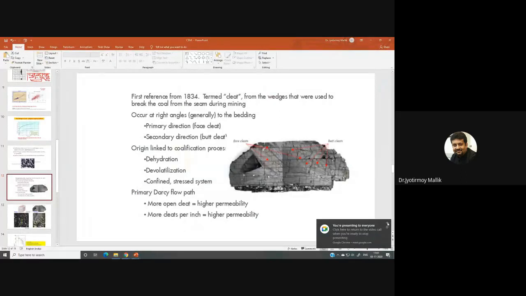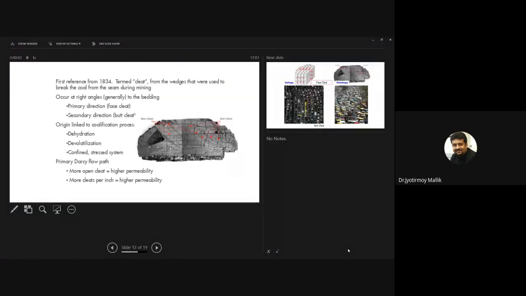So let's continue with yesterday's discussion. We have been talking about coal bed methane, and we were talking about its permeability, and we said that the permeability of a coal bed is primarily dependent on its fracture system, and the inherent fractures of coal are called cleats.